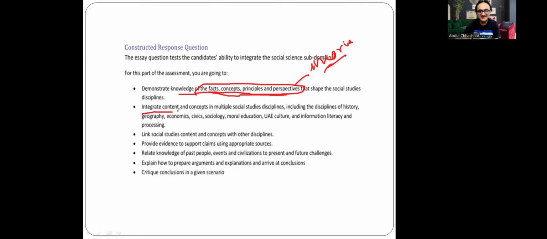They said to integrate the content concept in multiple social studies disciplines. Link social studies content and concept with other disciplines, cross discipline, like math, science, and English. Provide evidence and support claims using appropriate resources when you are designing the lesson plan.